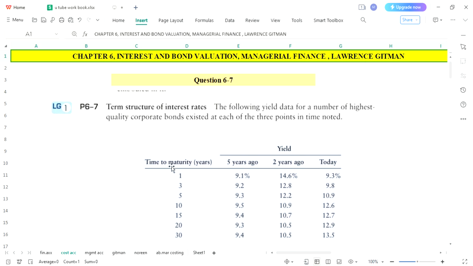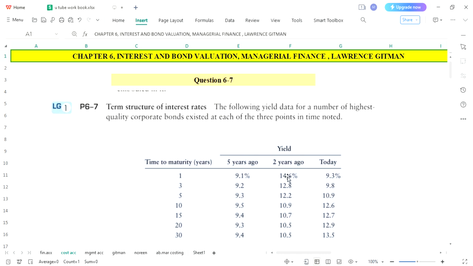All right, look over here, time to maturity. It means if you invest this amount right now, how much will you get after 1 year. Here it is mentioned that you will get 9.3% if you invest it right now. So after 1 year, you will get 9.3%. After 5 years, you will get 9.1%.